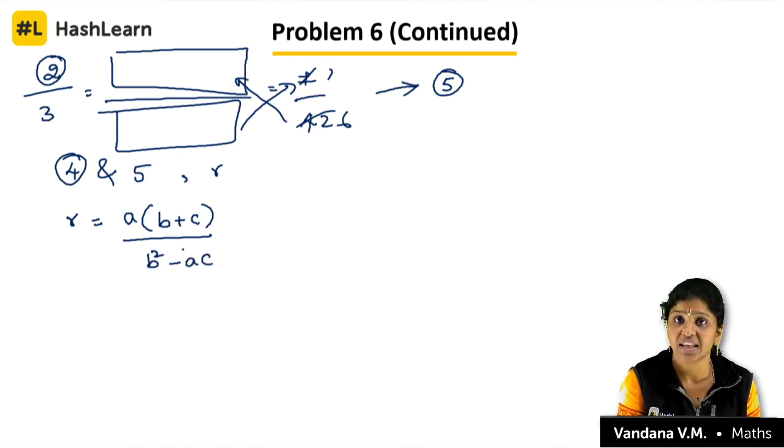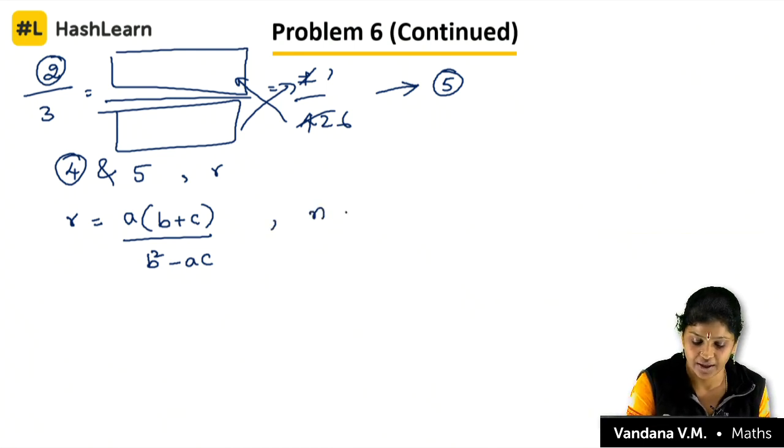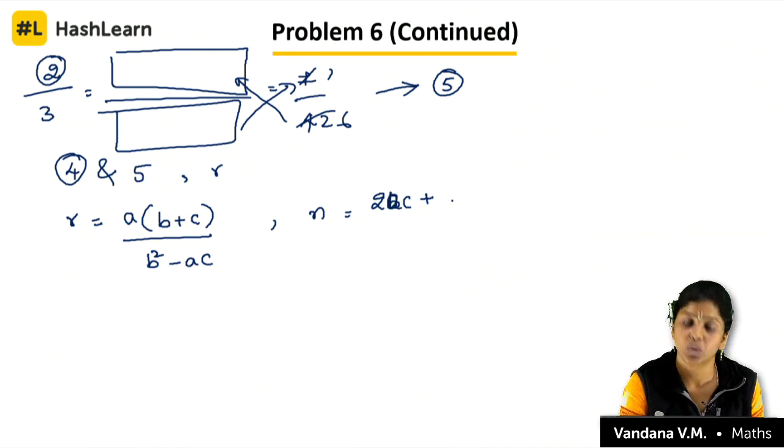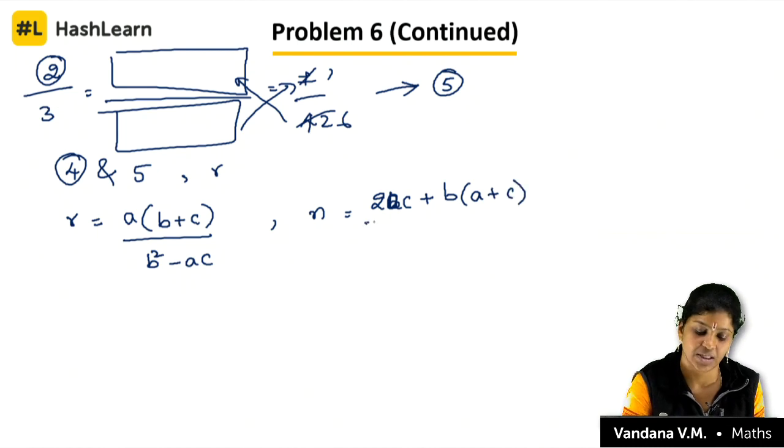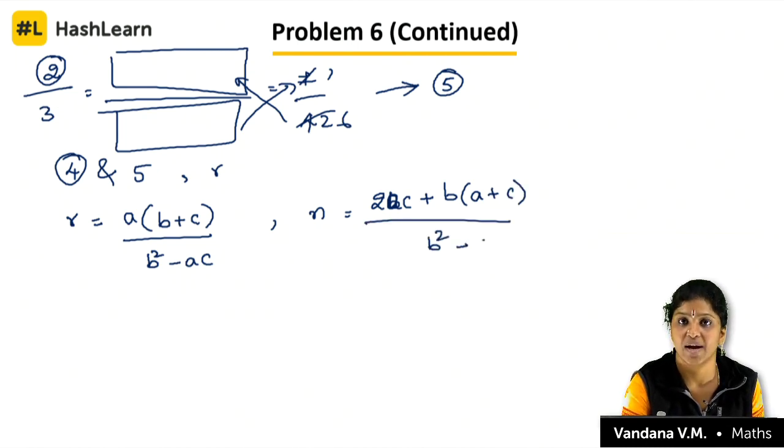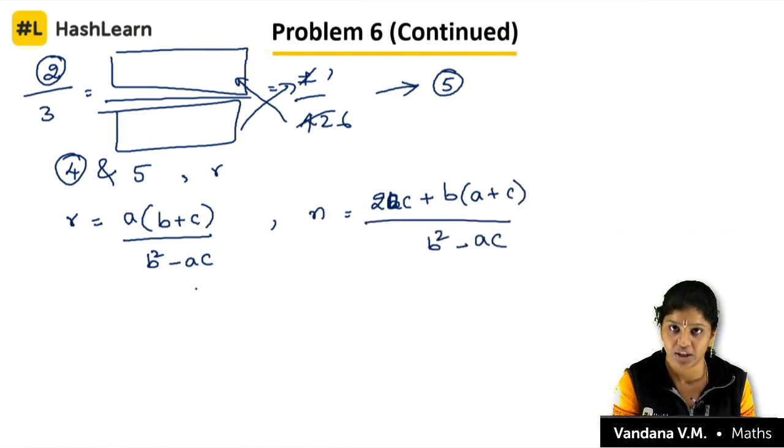If they are asking the nth term, that is 2AC plus B into (A plus C) divided by (B square minus AC). I know it is a little difficult, but you have to learn it by heart, otherwise you cannot complete within 1 minute, right? So let us apply the values.